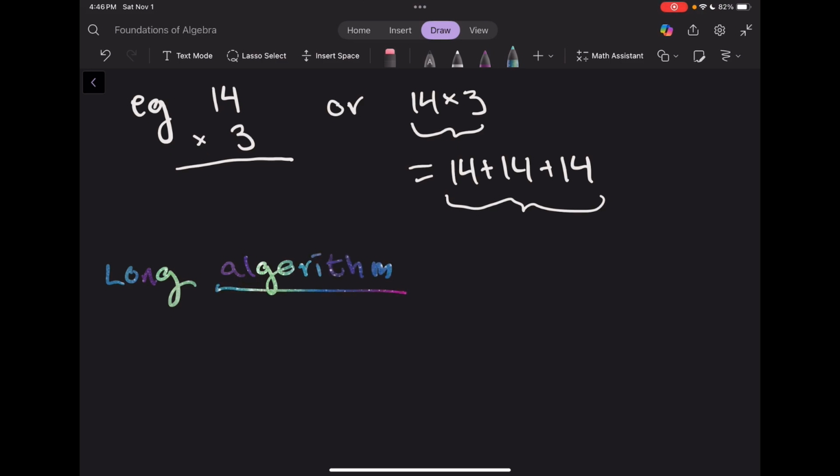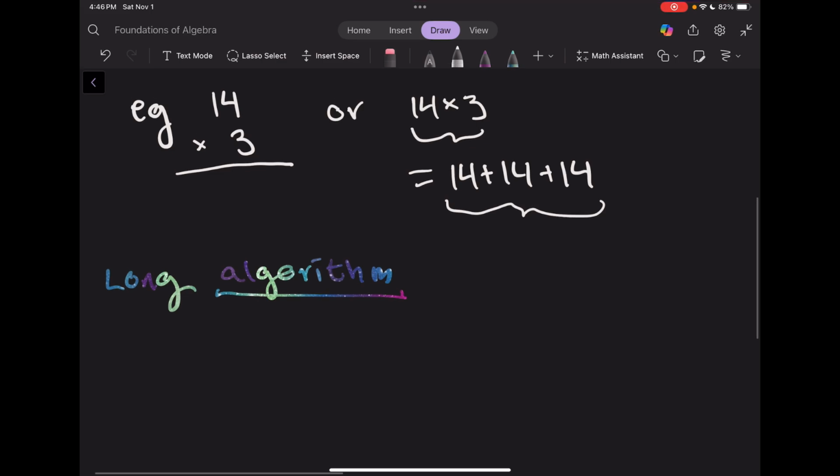People usually say algorithm when there's steps involved. In this case, there is steps, so we start with this first column right here, and we do 4 times 3. So what that looks like is 4 plus 4 plus 4, and we get 12.